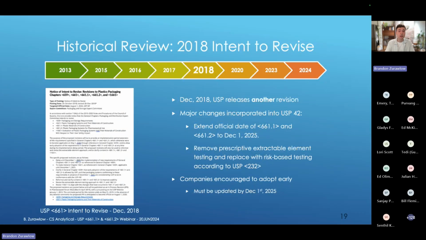Another critical change that occurred at this time was that all of the prescriptive extractable metals testing was replaced with language suggesting a risk-based approach. So rather than saying, perform this extraction, look for these specific metals and ensure that they're present at a quantity of X or lower, all of that was removed, and it references 232 and also extractables and leachables guidance documents to say, evaluate which metals you should look for and propose a test to be able to identify them.